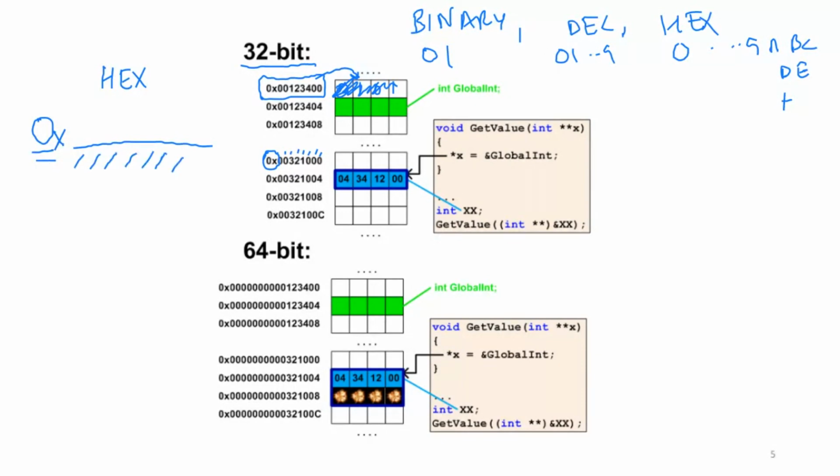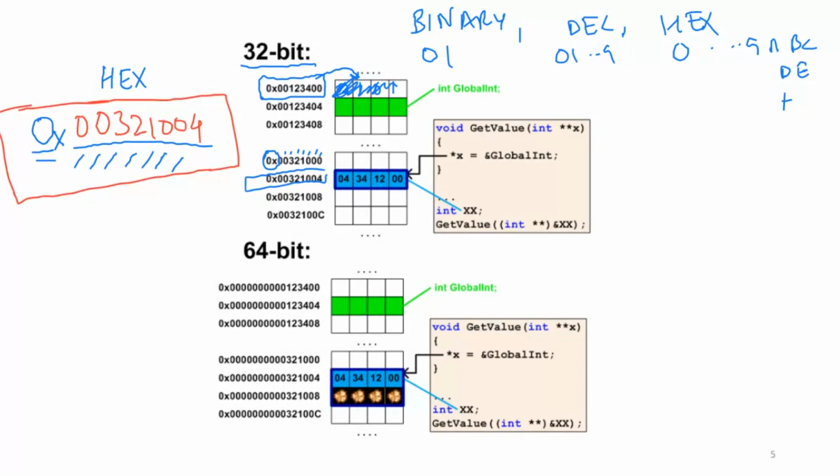So look at this address. Let me write it down here again. It's 0x0000321004. So this is a hex, okay? If I ask you guys to make a binary of this hex, what would be the binary of it? By the way, to represent one digit in hex, how many binary digits do we need?